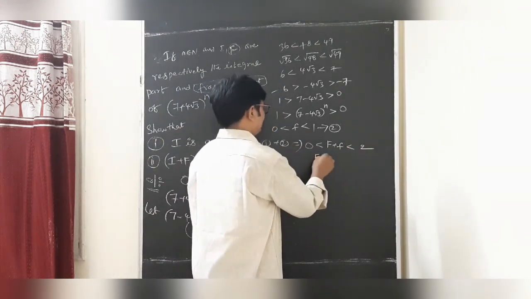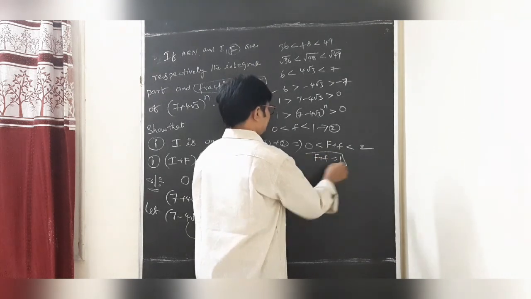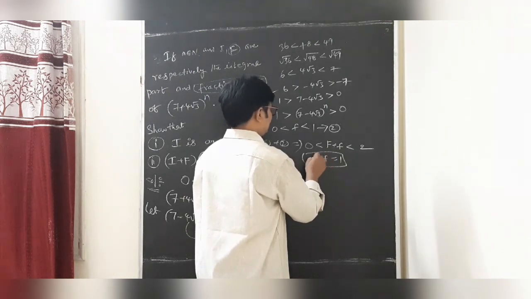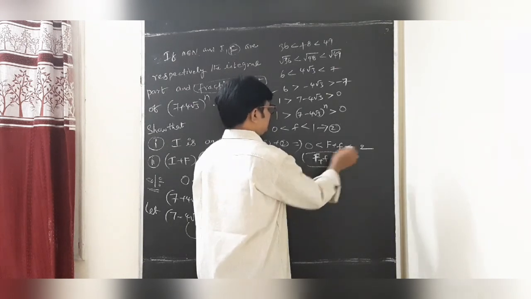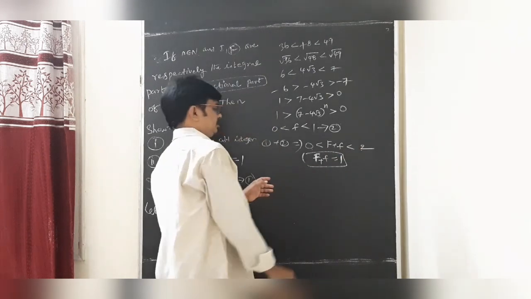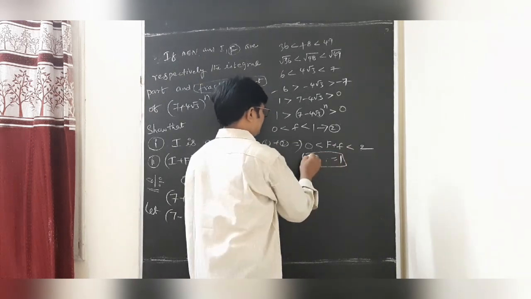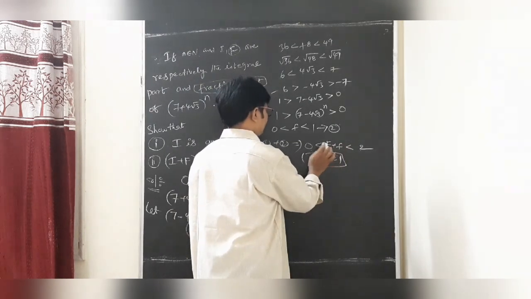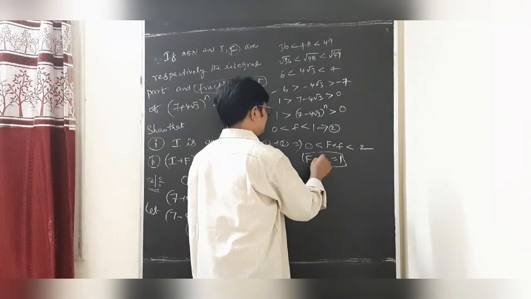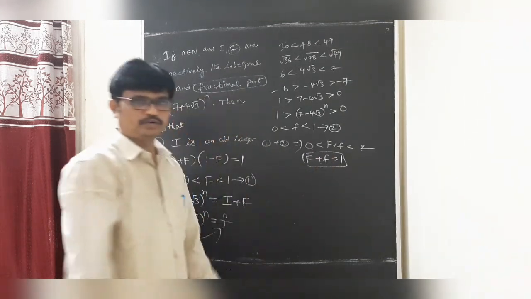Dear students, f + f lies between 0 and 2, and the only integer between 0 and 2 is 1. So f + f = 1. Okay students, f + f equals 1.